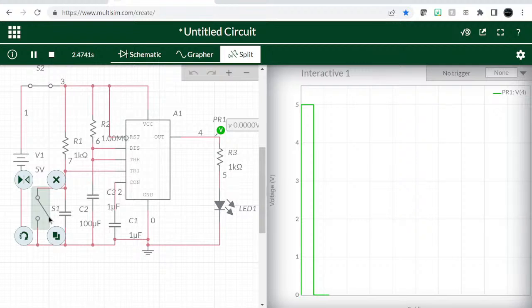So it shoots up and it stays up even though I've removed my hand from that switch. It stays on, and then it goes off after the period, right? And it's gonna stay off forever until we push it again. So that's the monostable action right there.